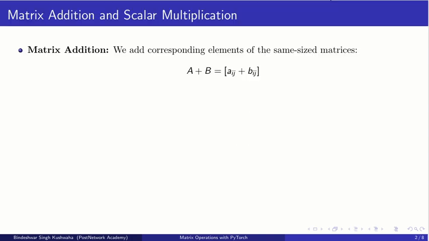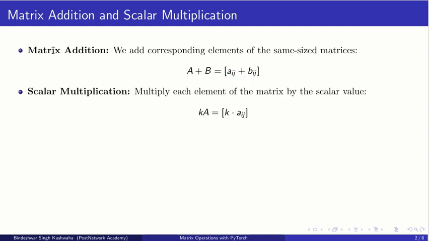So matrix addition is defined as: if these are the elements of matrix A and these are the elements of matrix B, you simply add the corresponding elements. So addition is very simple. Thereafter, scalar multiplication.